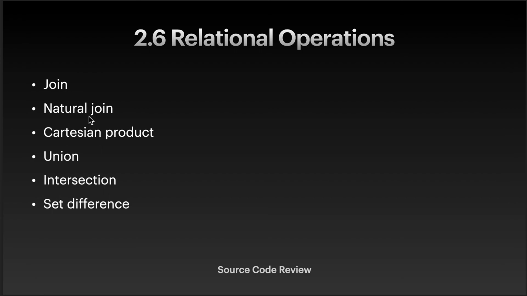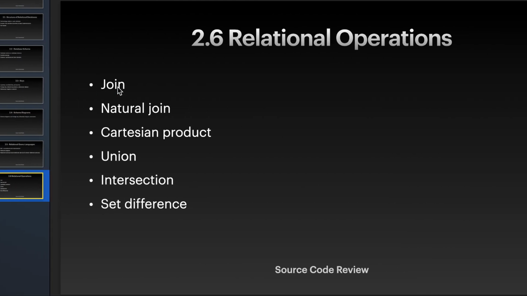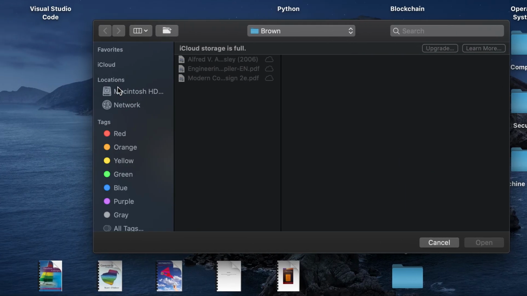Set difference, let's say the set difference of B, and you have relation A and B, or the set difference of B with A is basically just the complement of B union with A. I don't have the best diagram for this.